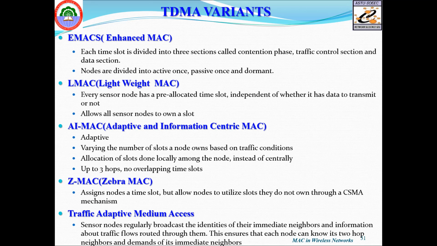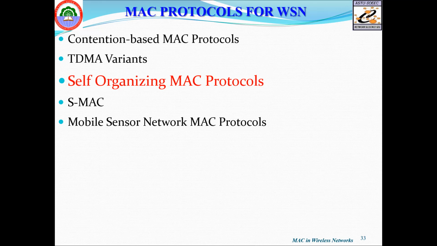The last one is traffic adaptive medium access. In this mechanism, each node knows its two-hop neighbors and the demands of its immediate neighbors.